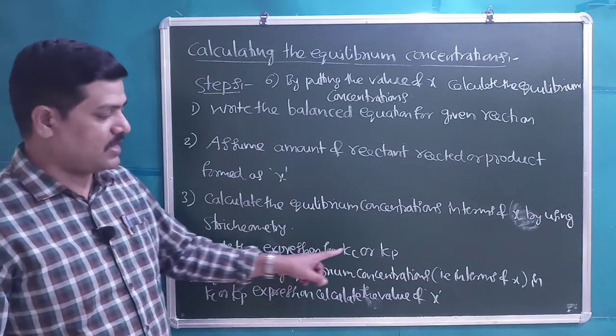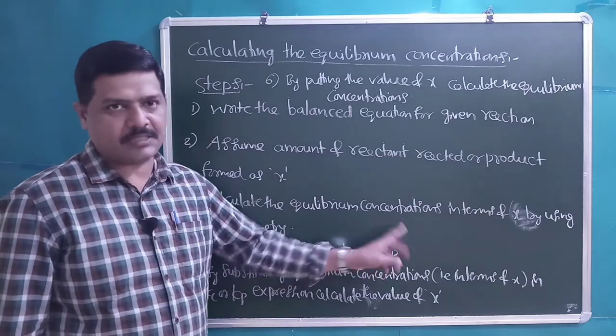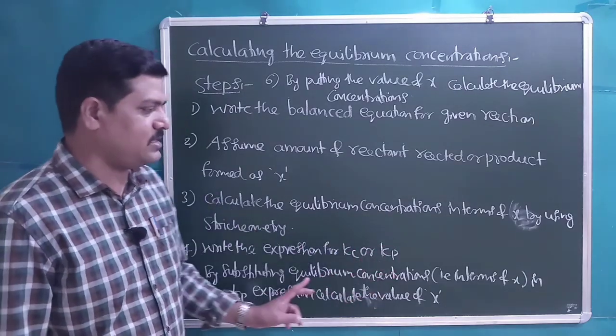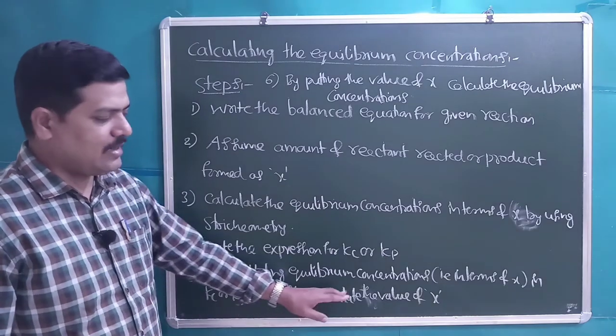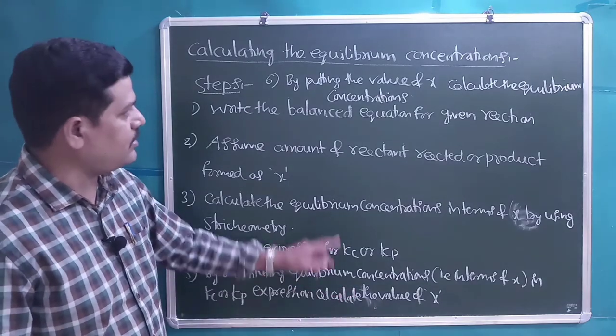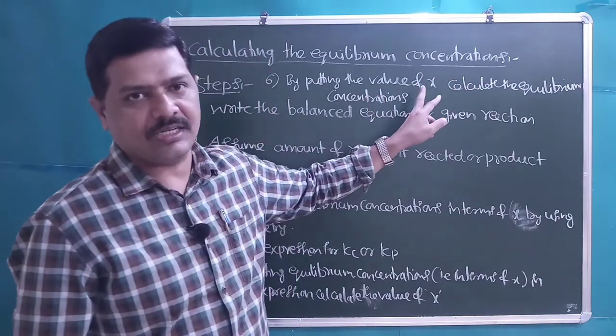Write the expression for Kc or Kp, whatever is required. By substituting the equilibrium concentrations in terms of X in the Kc or Kp expression, find out the value of X. Finally, by putting the value of X, calculate the equilibrium concentrations.